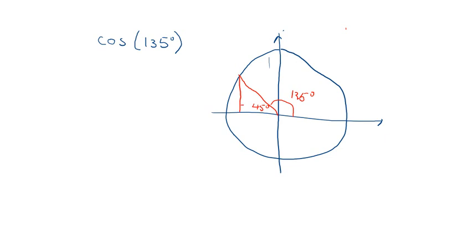So I know cos of 135 degrees is just going to be the x value in here, which is going to be, well, I'm going to say 1 on root 2, but since x is negative, it's negative 1 on root 2. And while I'm at it, the sine value is just going to be 1 on root 2. And that's the coordinates, negative 1 on root 2, 1 on root 2. So cos of 135 degrees is minus 1 on root 2.